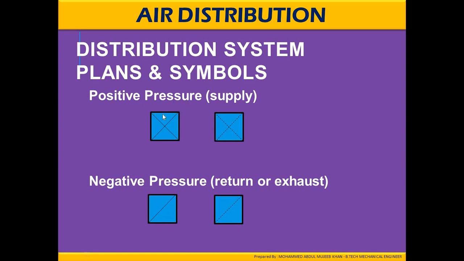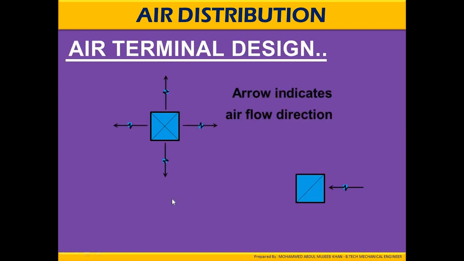This design for the square illustrates the supply air duct, and the negative pressure return or exhaust is drawn in this particular way. Air terminal designs, airflow indications and directions. This is a typical example of a supply air diffuser or the supply air duct, and this is an example of a return or an exhaust air duct.